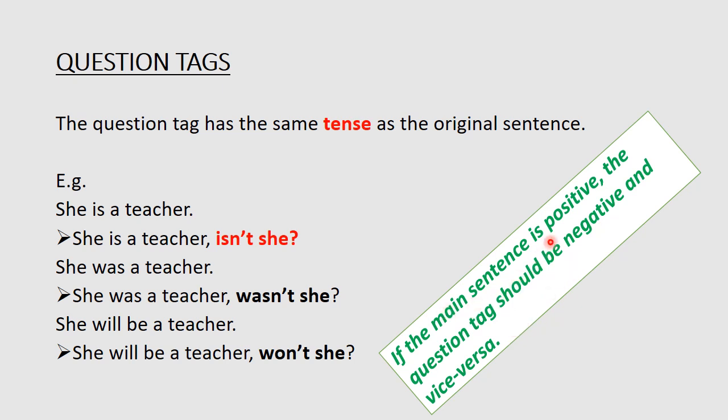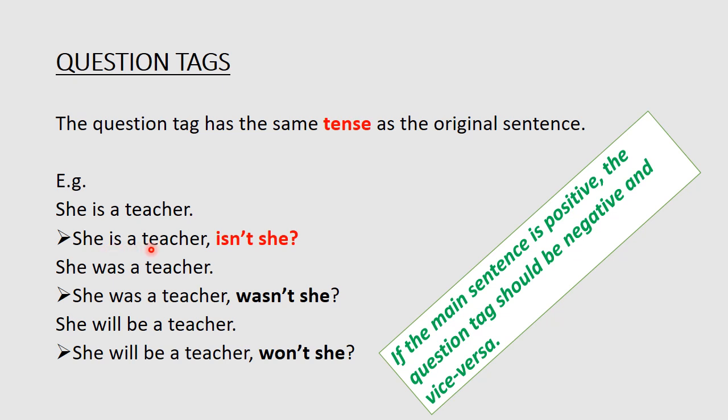Vice versa means the reverse is true, meaning that if the main sentence is negative, then the question tag should be positive. So how do you tell that the sentence is negative or positive? If there is the word not, that shows negative. If there is no word not, that shows positive.